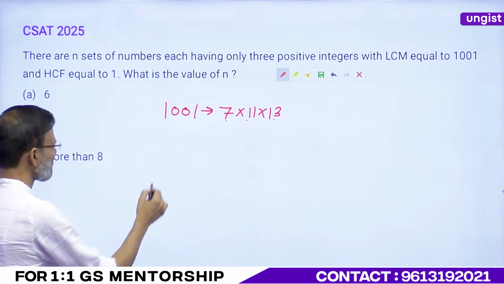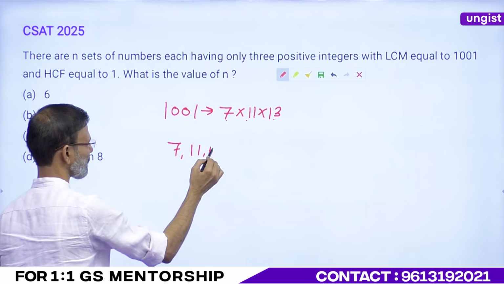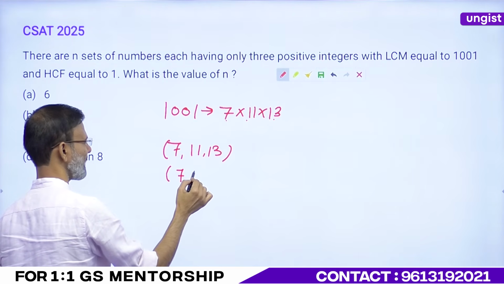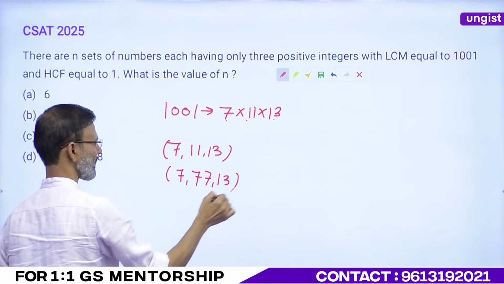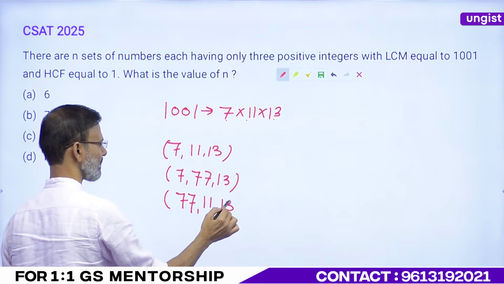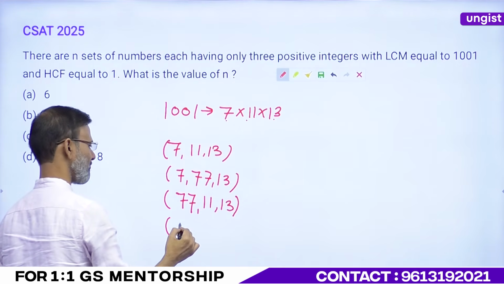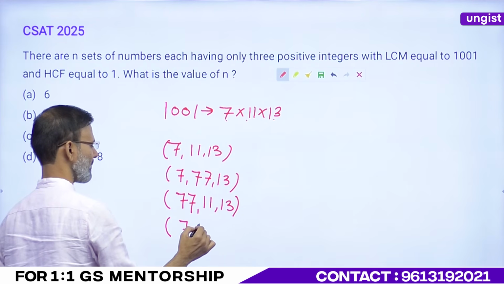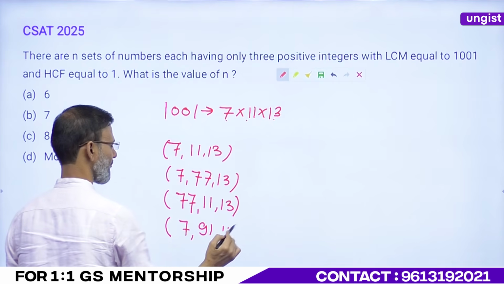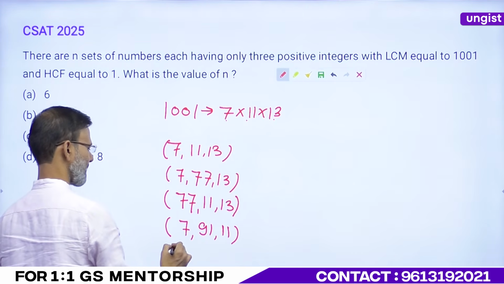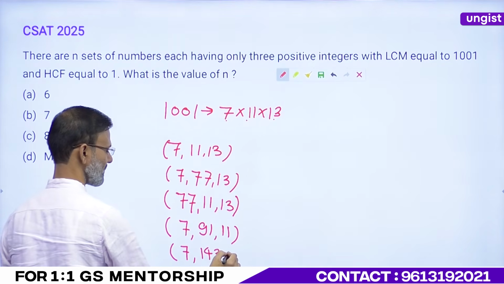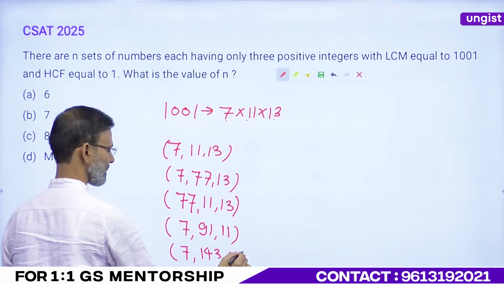So the first triplet is 7, 11, 13. The second triplet is 7, 77 and 13. The third can be 7, 143 and 11... the fourth can be 7, 91 and 11.